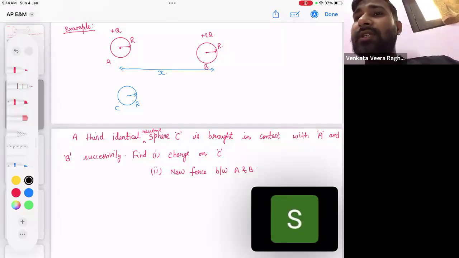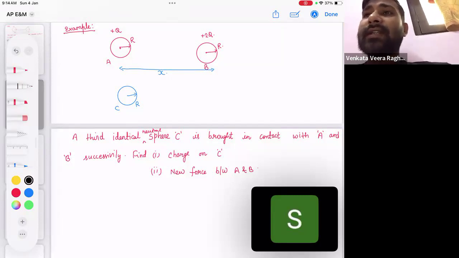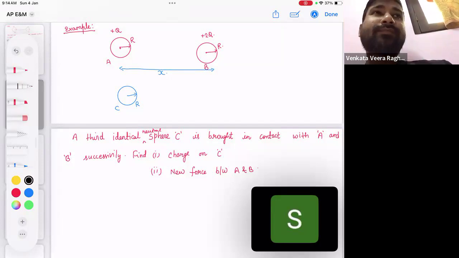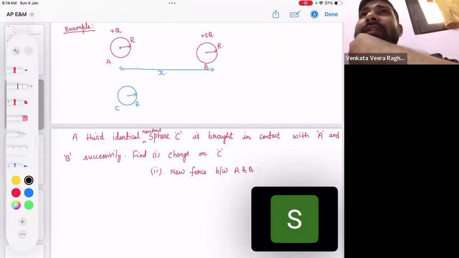Now you see, in this question, what is given? All three are identical. So whenever I bring them in contact with each other, the charge is going to be half of the total charge, isn't it? The total charge between A and C in contact will remain constant. The total charge is Q. Now both should have equal charge also. So that means half the charge should be on both of them.